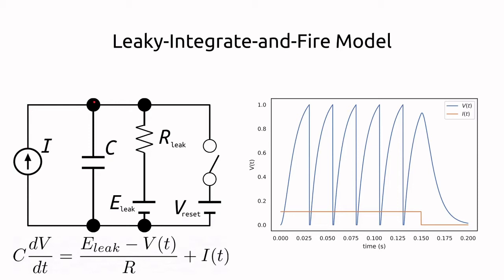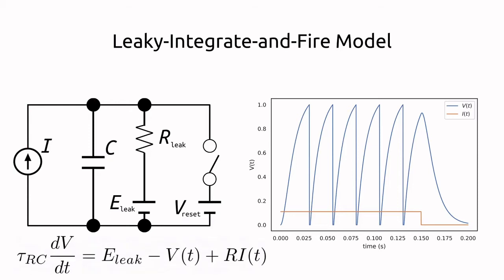We can rearrange this to get the R out of the denominator, and write it as tau RC times the rate of change of voltage is equal to the difference between the voltage measured across the capacitor and the leak potential, plus the voltage induced by the injected input current passing through this resistor.